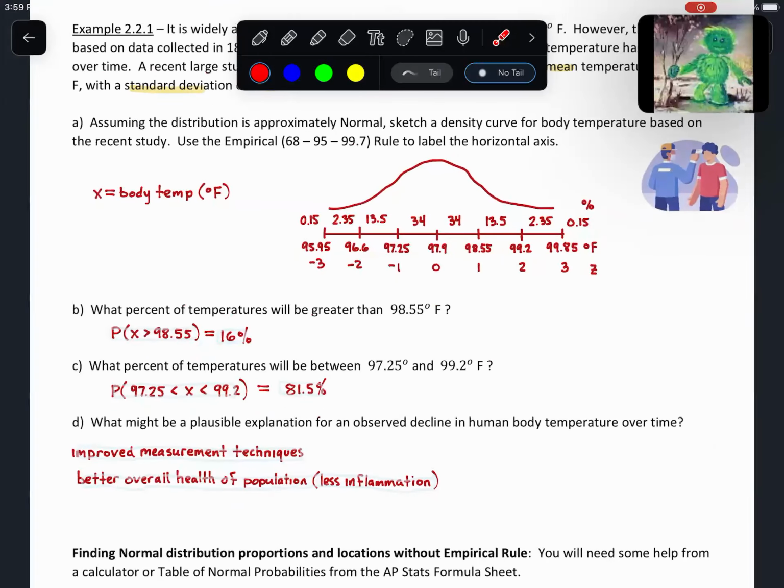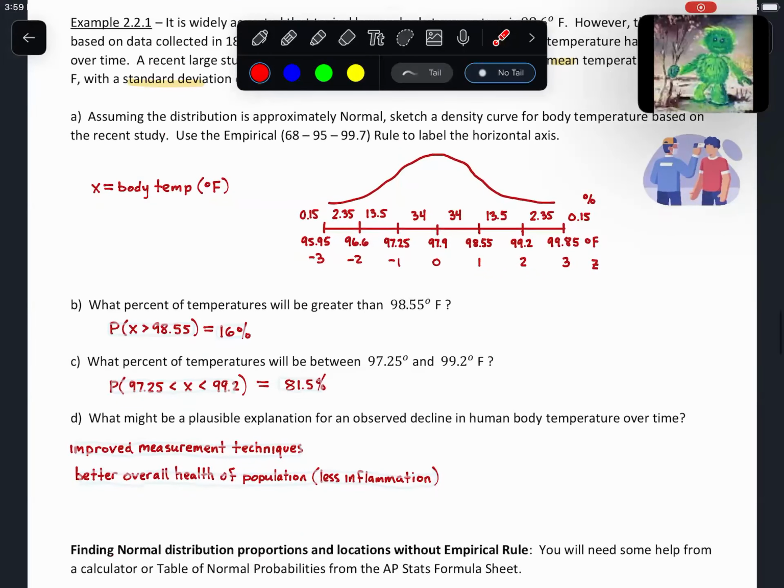All right, so that's our example for empirical rule calculations, but I would hope that you've got a lingering question after seeing this example, because it was ever so convenient that questions B and C asked you about percentages directly above or below the cut points that we've established from empirical rule. But not every question is going to be so convenient.